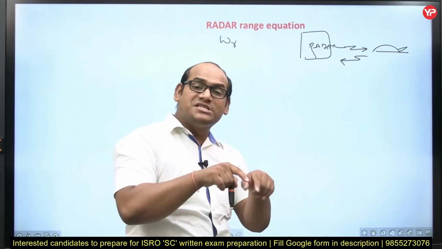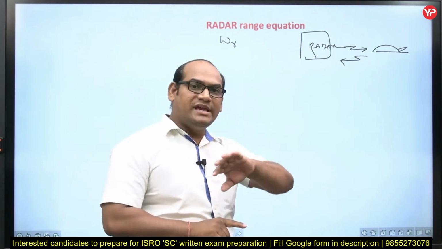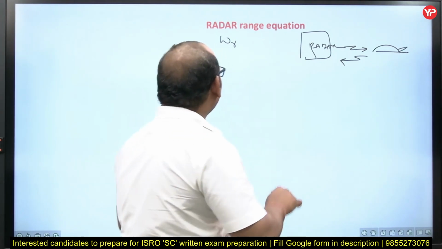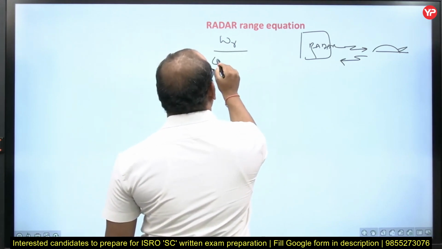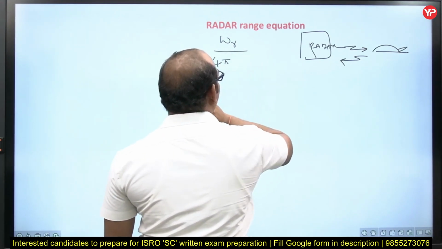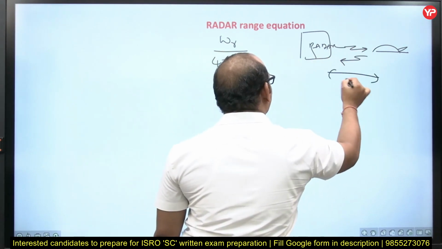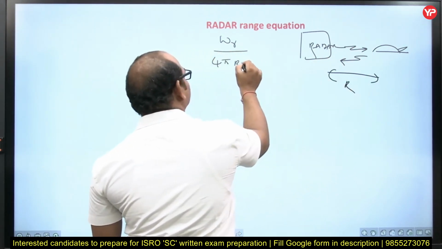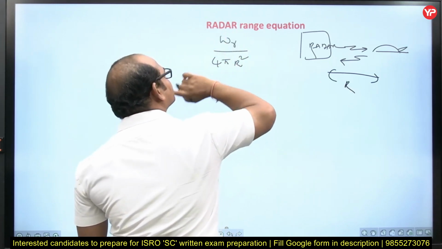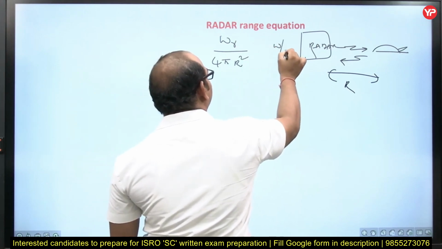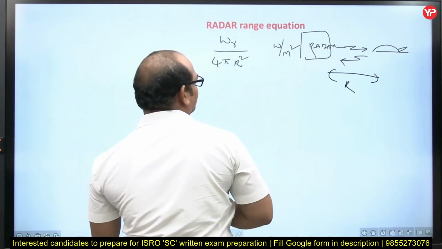In all directions means we have to take a sphere. The spherical surface area is given by 4 pi r square. What radius do we take? We should reach the target, so the distance between these two is r. So 4 pi r square. WR is the power, and WR by 4 pi r square is the power density, watts per meter square.